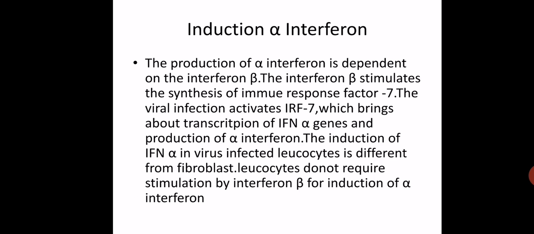Now we discuss induction of alpha interferon. We know that there are three types of interferon basically: alpha, beta and gamma. Lambda is also there. So how is interferon alpha produced? How is the induction of alpha interferon? The production of alpha interferon is dependent on interferon beta.